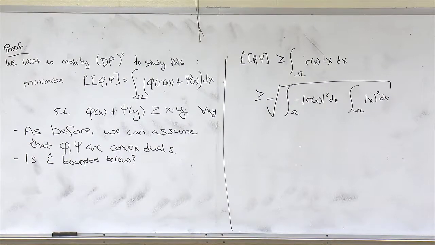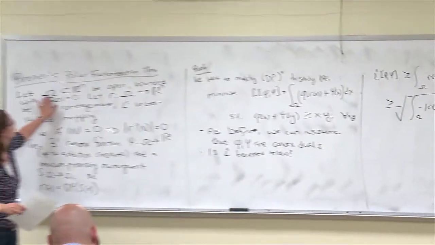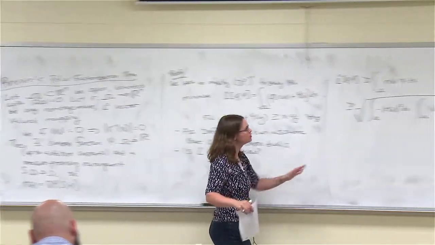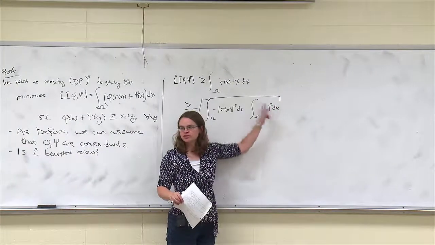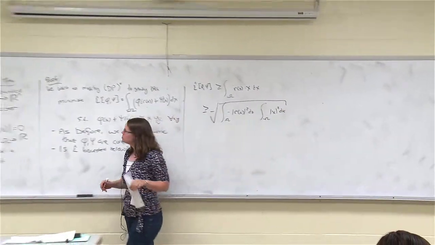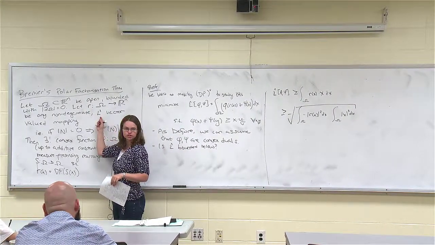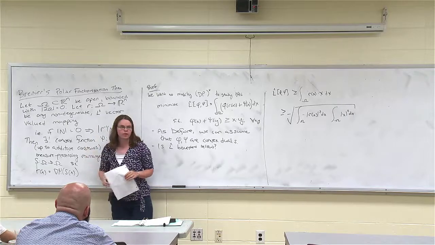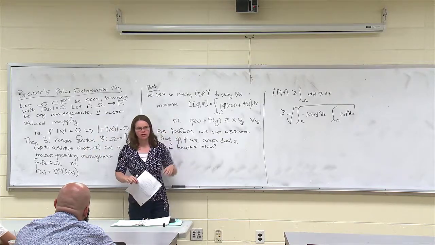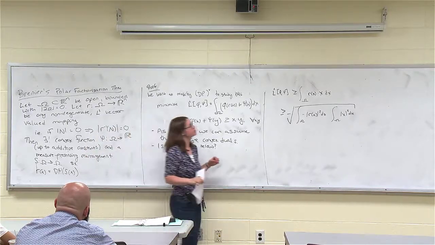Which is finite. We started by assuming that omega was bounded. If omega is bounded, then this integral is certainly finite. And we started by assuming also that R, the vector mapping we cared about, was in L2. So I'm not assuming that R is bounded necessarily, but I'm certainly assuming that it's in L2.